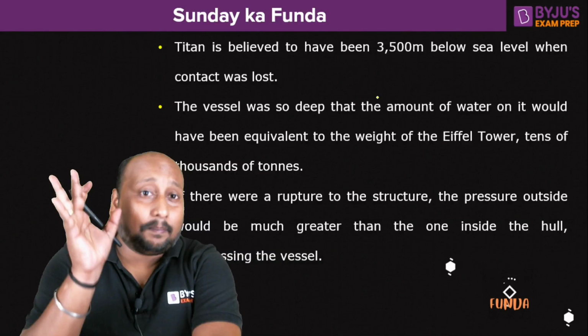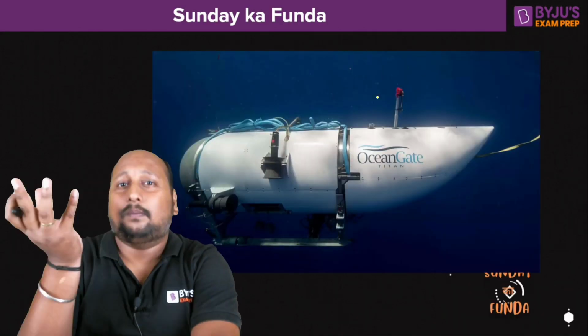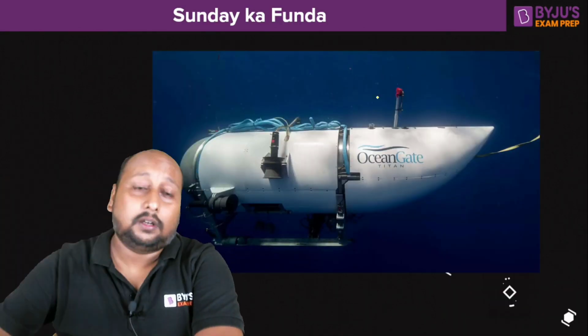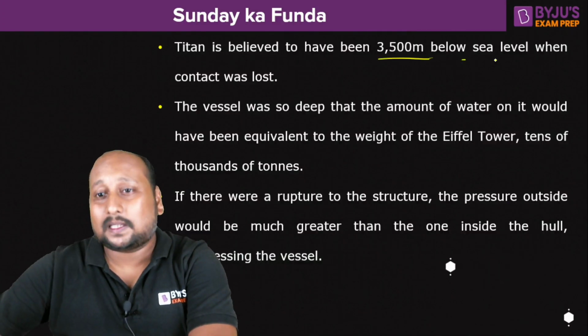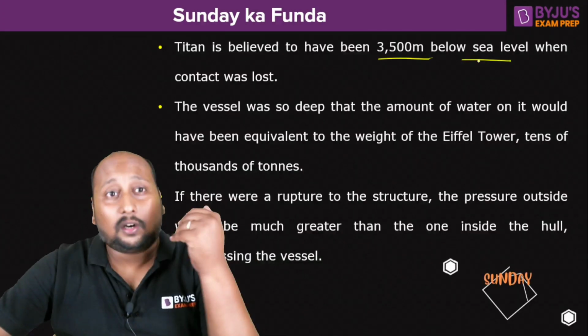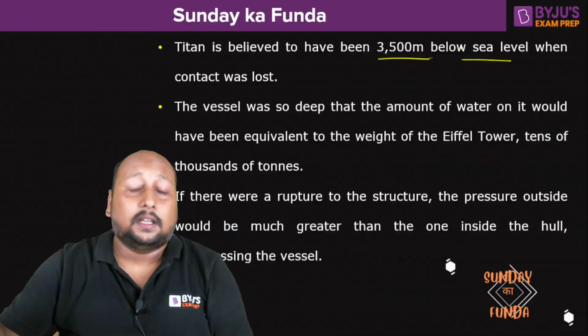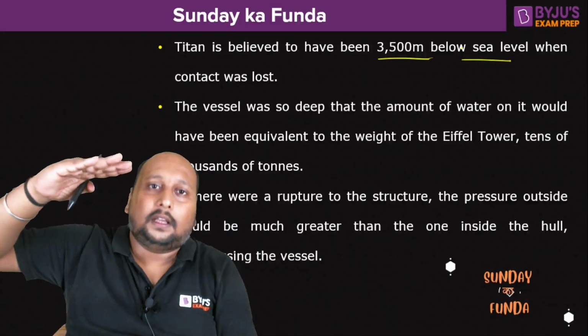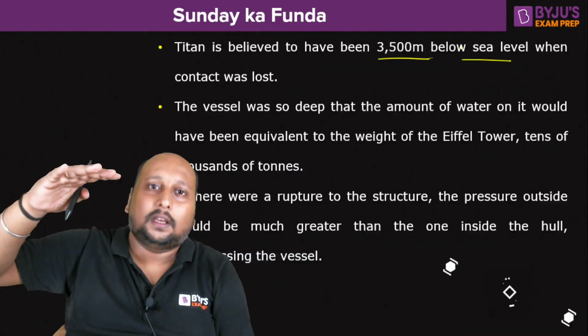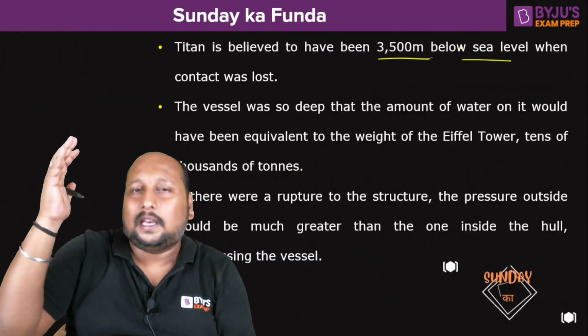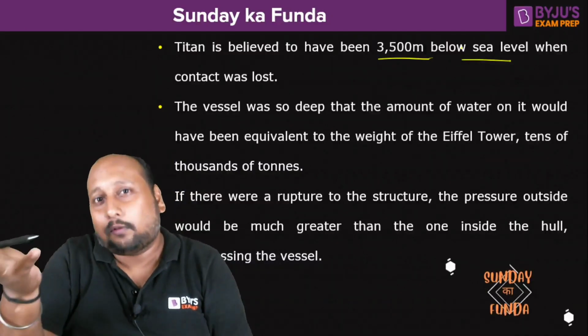And it has been believed that this Titan submersible went down approximately 3,500 meters into the deep sea, below sea level, where the connection was lost, and at that moment, the amount of water above the Titan vessel was equivalent to the weight of the Eiffel Tower.